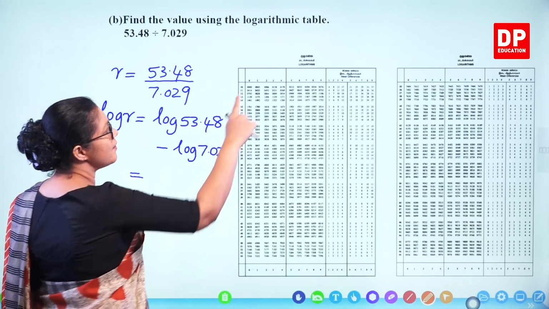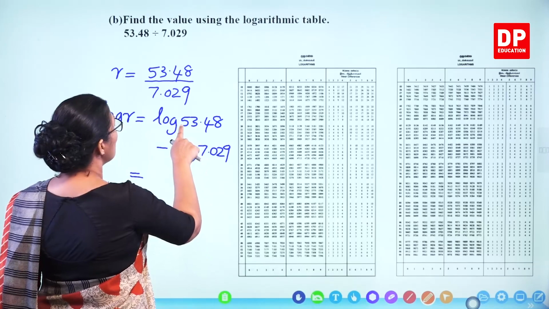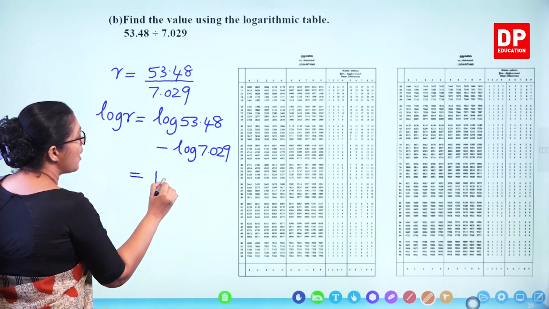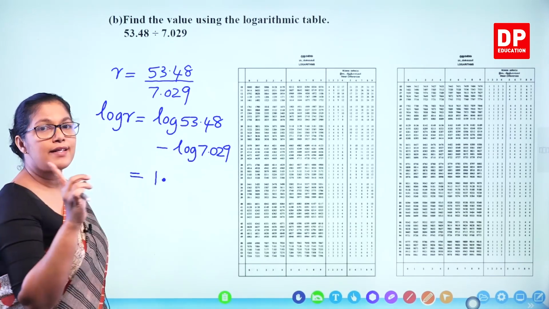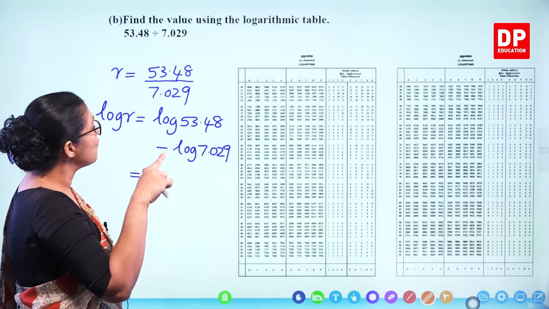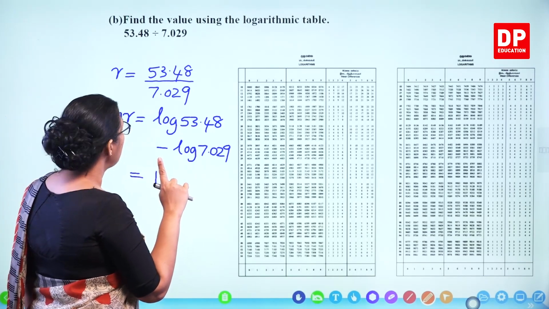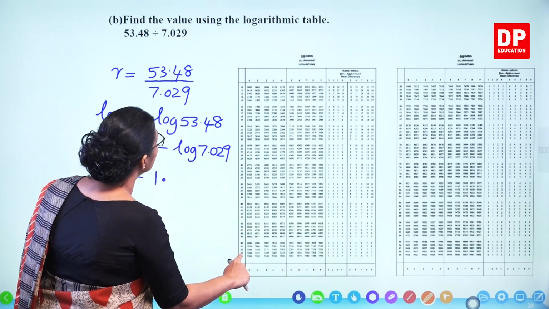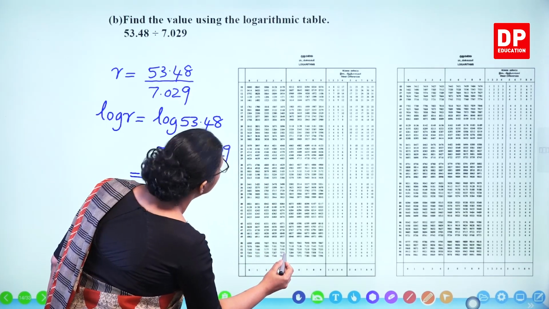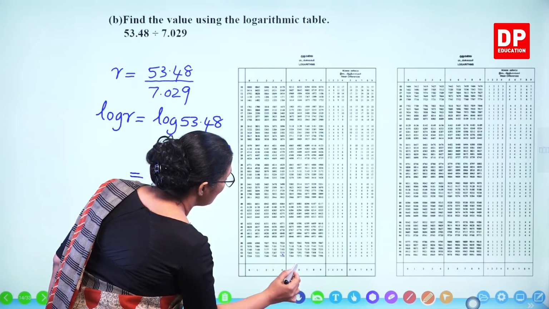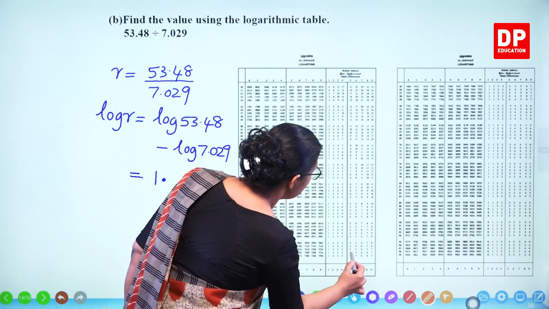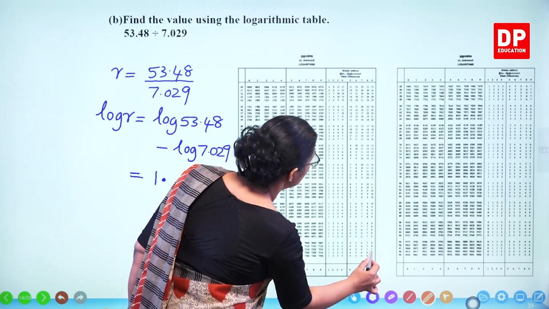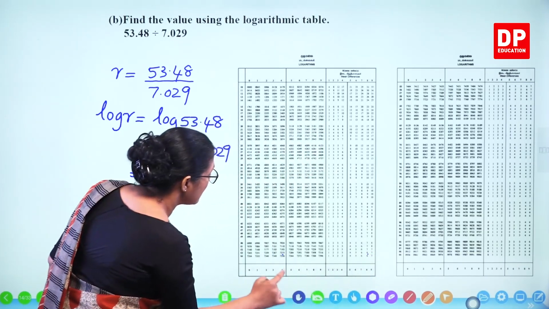Logarithmic table, refer logarithmic table. So 53.48, you can write 5.348 times 10, because when you write in standard notation, 5 point something, you have to multiply by 10. So 53, 4, 8. 8 is 6.